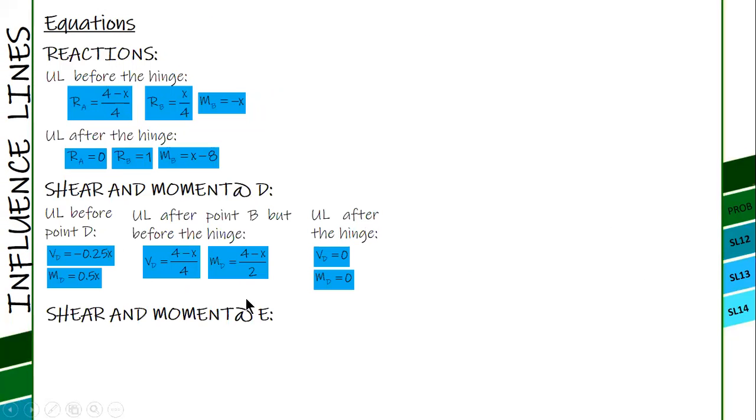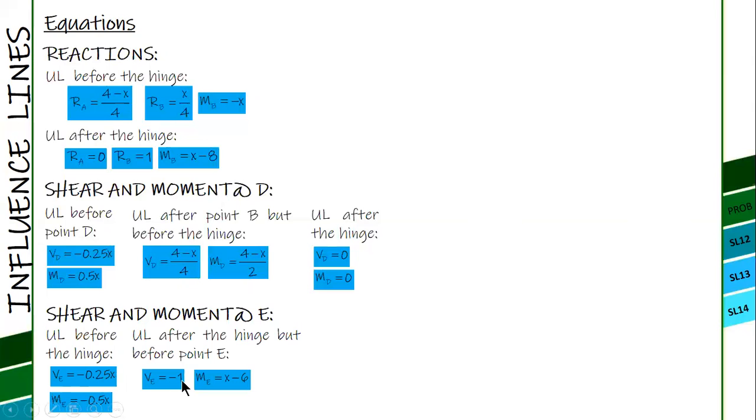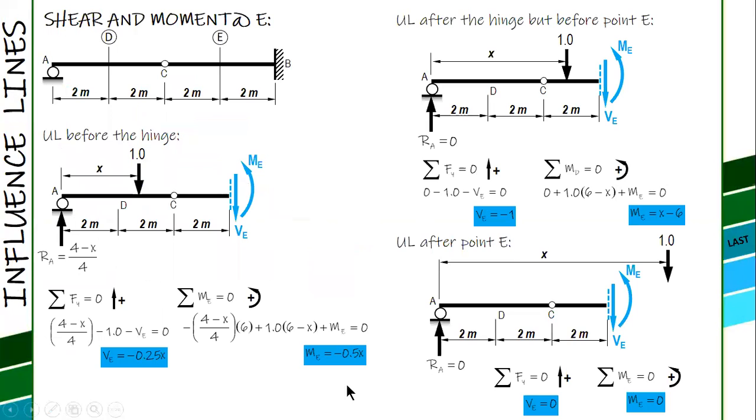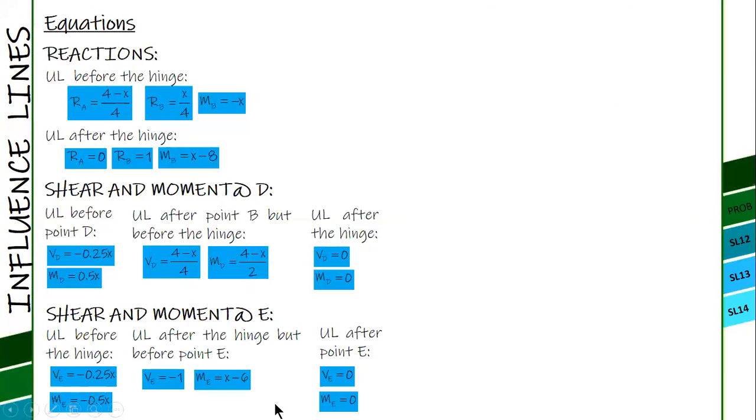And then last is shear and moment at E: before the hinge, after the hinge but before E, and then after it. So you can plot.